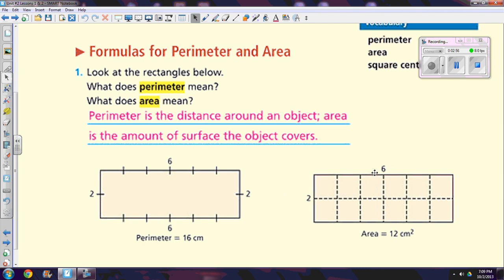Over here you have the length, 6 units, 1, 2, 3, 4, 5, 6, and it's centimeters, and then 2 units are 2 centimeters, and then area is length times width, 6 times 2, or if you were to count, 1, 2, 3, 4, 5, 6, 7, 8, 9, 10, 11, 12.